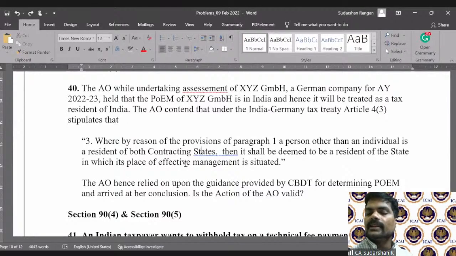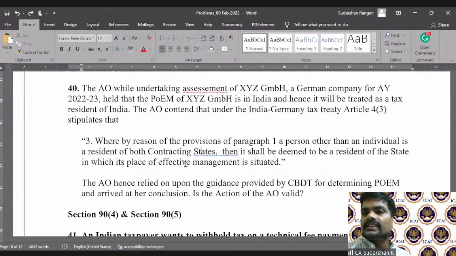A person can be a tax resident of India as well as of another country, because normally residentship is determined under the domestic laws. In India, it is the 182 days criteria. In another country, it can be something else. It can be, say, 150 days, or it can also be domicile, to have a permanent house. So, domestic laws vary. Therefore, a person can be a tax resident in both the countries.